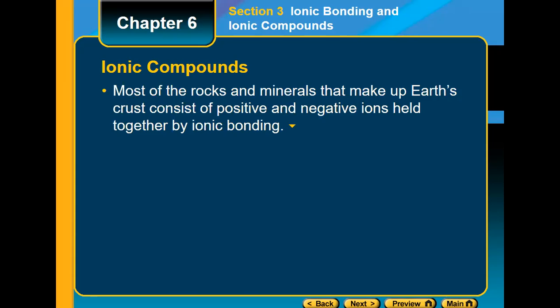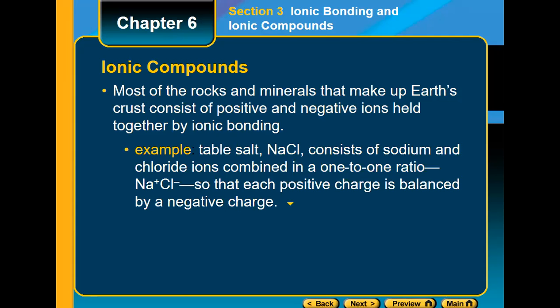First of all, most of the rocks and minerals found in the Earth's crust are made of attraction between negative ions and positive ions, which means they are ionic compounds, bonded by ionic bonds. So they are more abundant in the Earth's crust compared to covalent compounds. That's why we need to study them well.